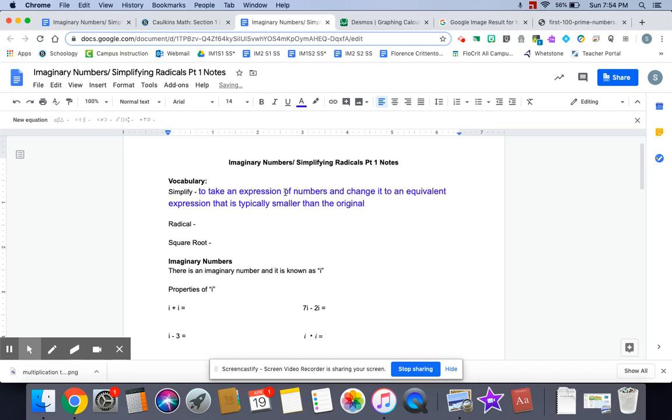Whatever original expression you have, it's usually long, and you use all the math rules and you combine numbers together that you can, and you make it smaller. And that process is called simplifying.